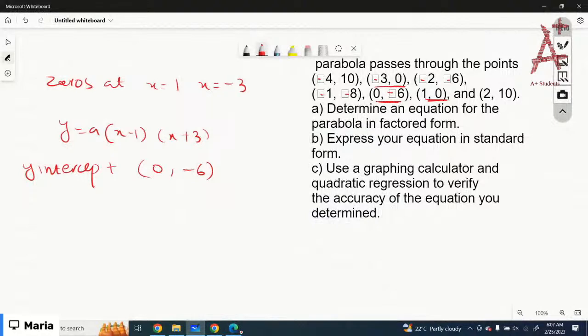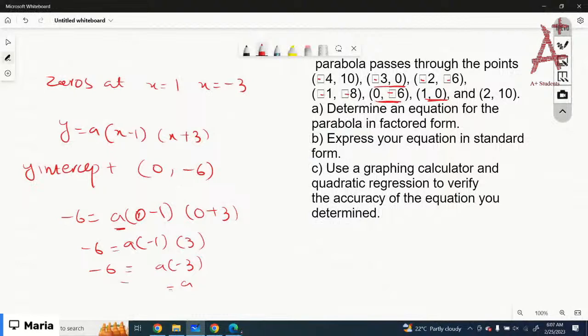Negative 6 equals a times 0 minus 1 and 0 minus 3. Basically, we need to find the value of a. So it would be negative 6 equals a times negative 1 times negative 3, so negative 6 equals a times negative 3. Divide by negative 3 on the other side, so a equals 2.